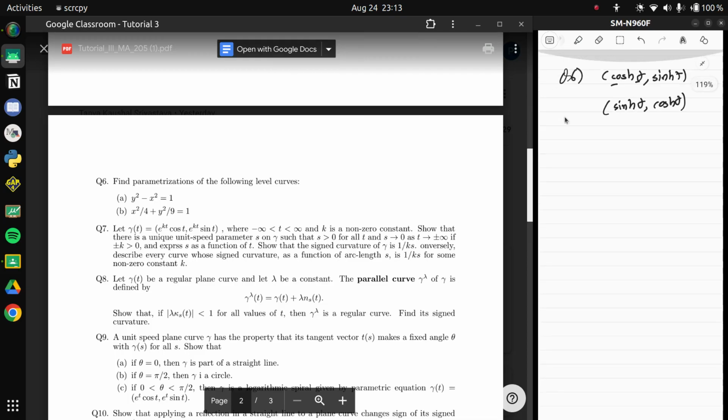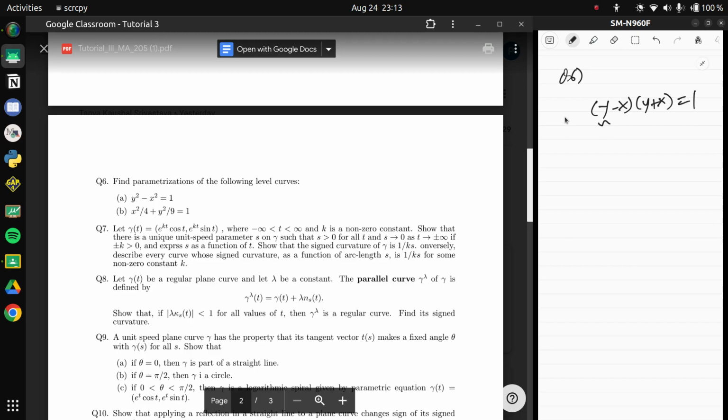So what I was saying was, yeah, this is a hard curve to parameterize actually. Huh. What else? Oh, okay, this might work. So y minus x and y plus x is equal to 1, right?